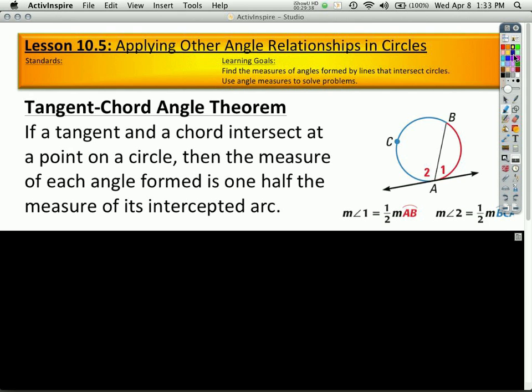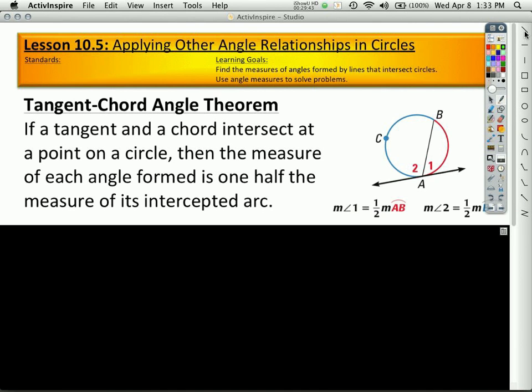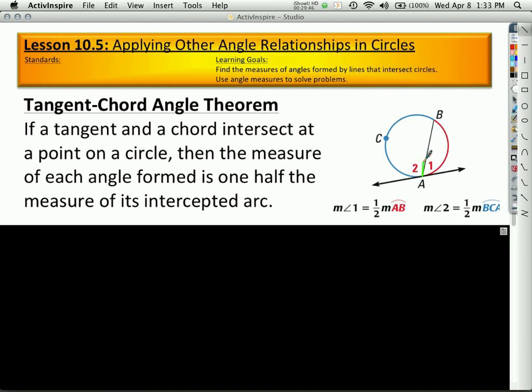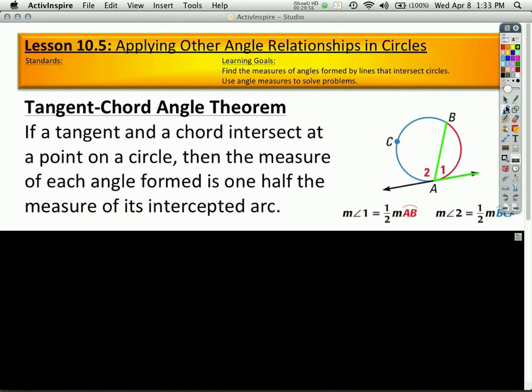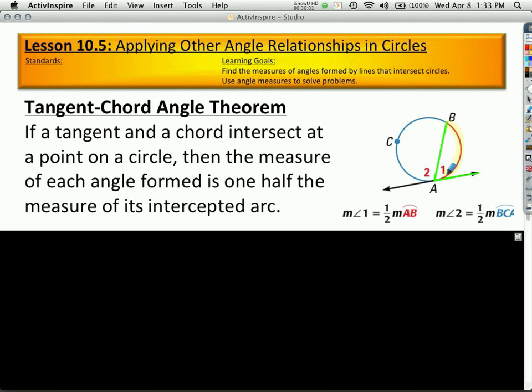So, what we're looking at is this angle here and here, formed by those two segments. And then we're looking at the relationship that it has with this arc right here. The angle will be half the measure of the arc. Conversely, the arc will be double the measure of the angle.